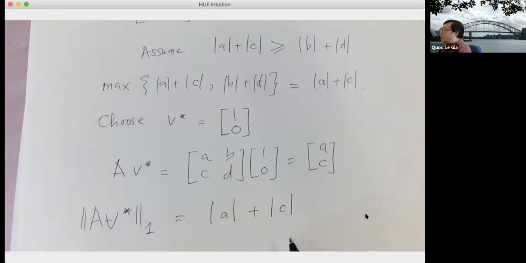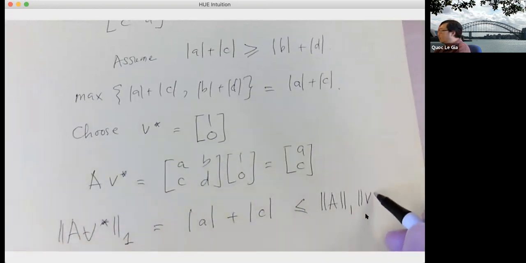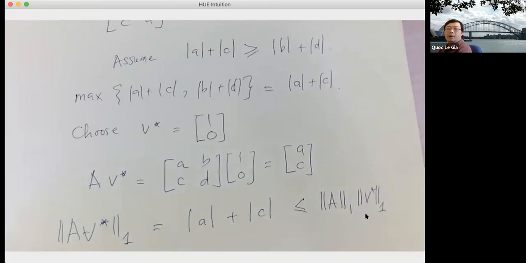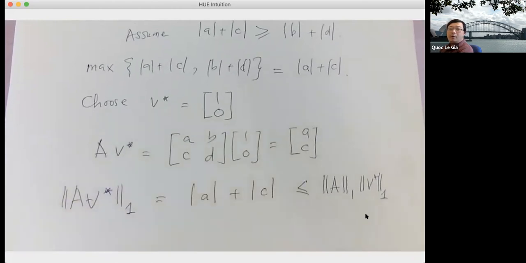And now remember, this one is always less than or equal to the norm of the matrix A times the vector norm, the A v star one norm. Remember the very theorem we just discussed before. Now what is v star in the one norm?